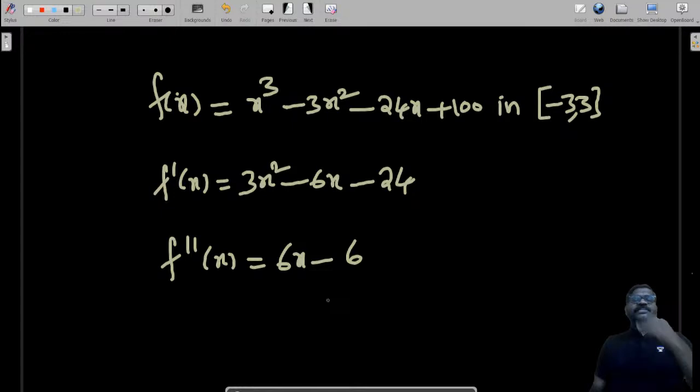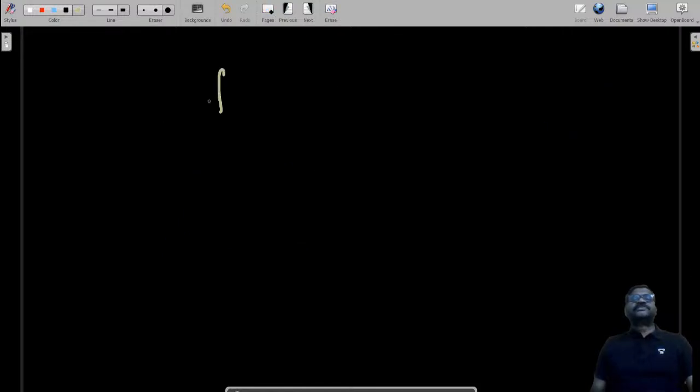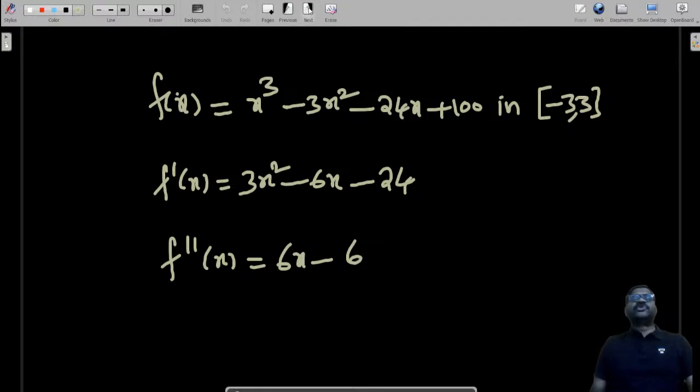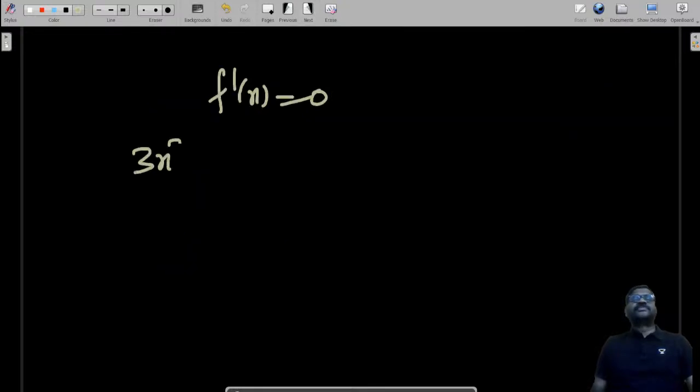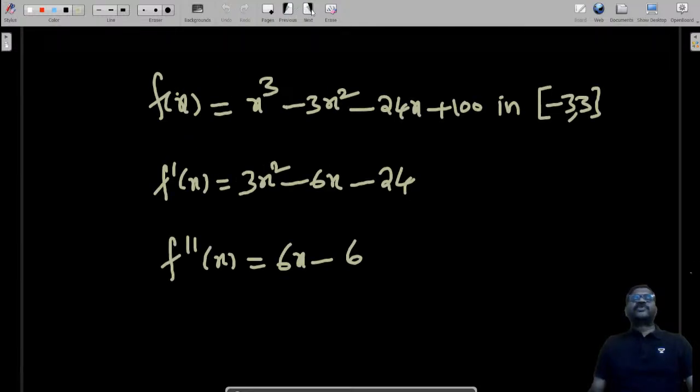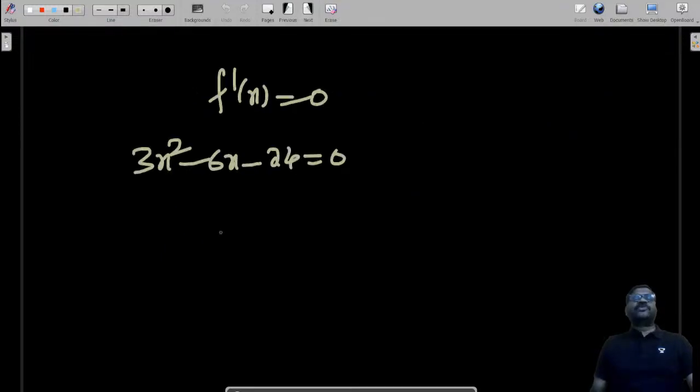F double dash x is 6x minus 6. We have to equate f dash x to 0. 3x square minus 6x minus 24 equal to 0.